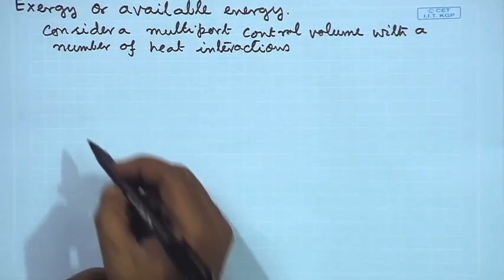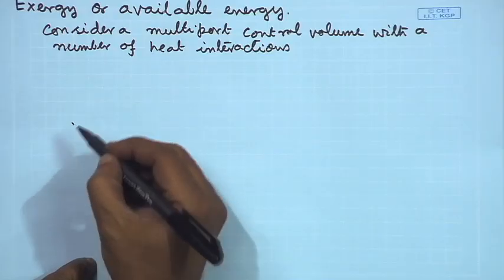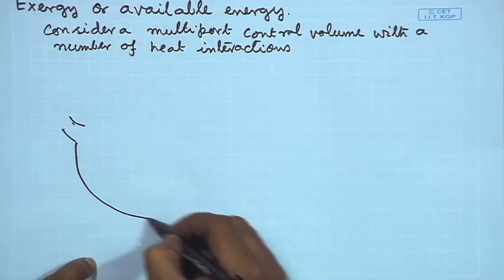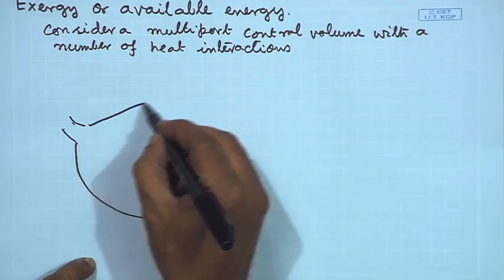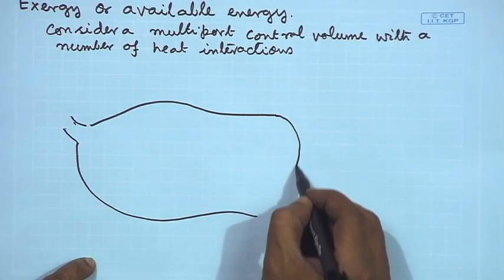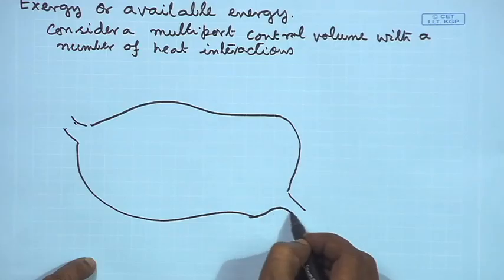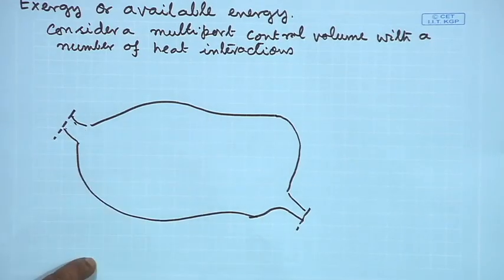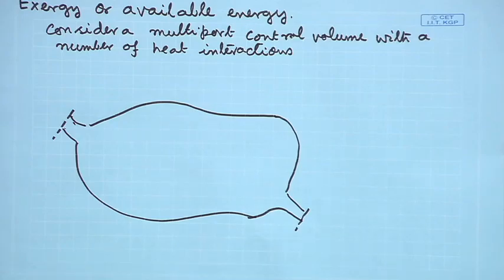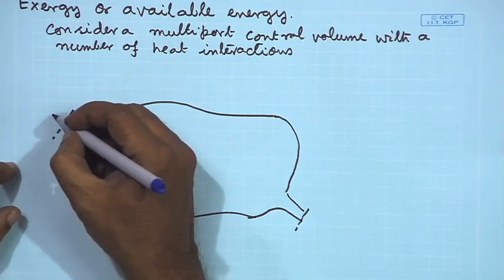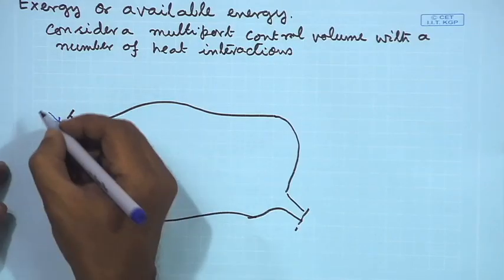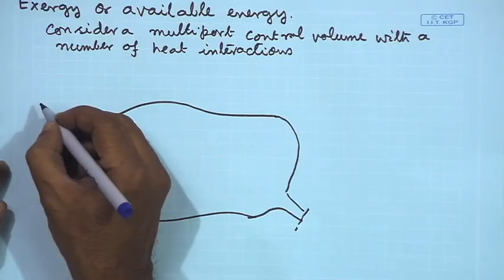So, let us have some sort of arbitrary control volume. Let us say in this direction mass is entering, I am putting m dot in.